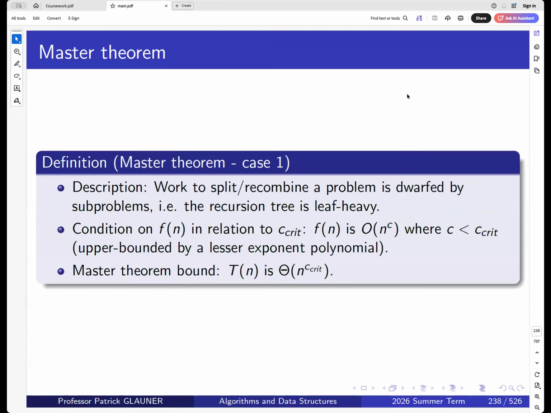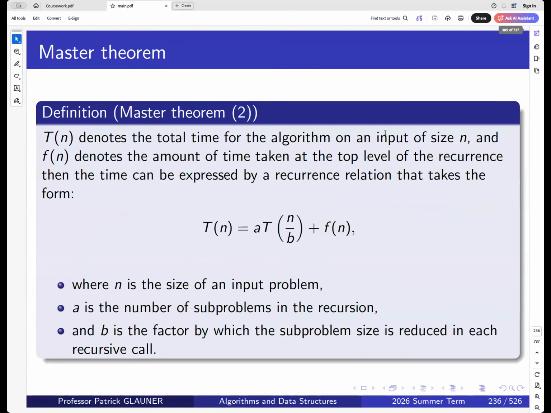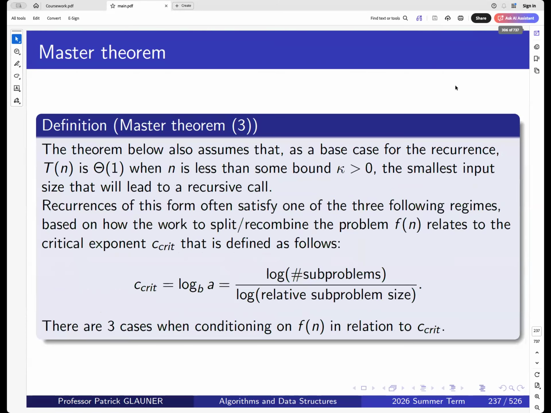Now, the first case in the master theorem, because now we care about these three cases: how does the critical exponent relate to the work in f of n? So the work f of n is the work for splitting and recombining, and the work in the subproblems, that's what's described by the critical exponent. And remember that we said here the work for splitting and recombining is f of n.